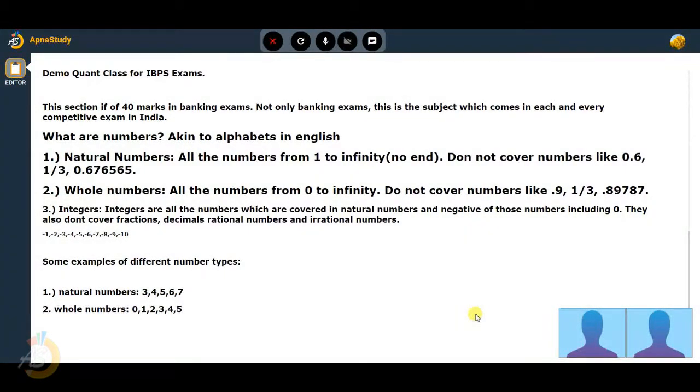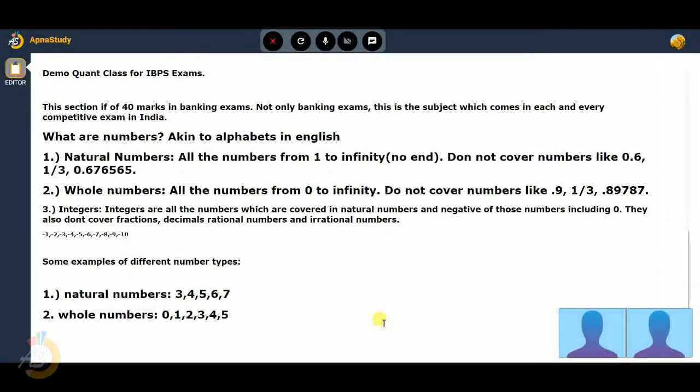So these are the first 3 number types we have discussed. Now let's discuss some more number types. So first 3 number types we have discussed are natural numbers, whole numbers, then integers.